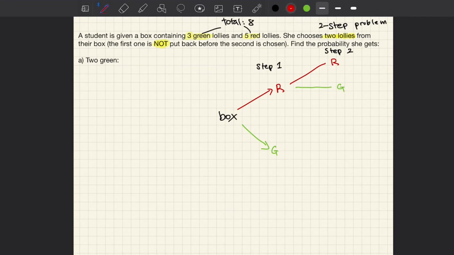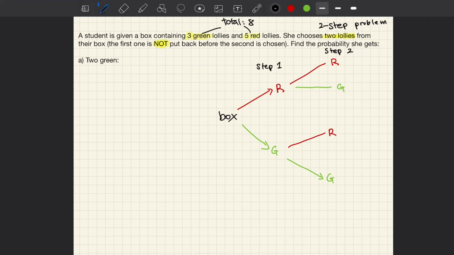Okay, now same thing down here. We can take a green and then we can pick a red out. Okay, or we take a green and we pick a second green. There we go. So there's our tree diagram.